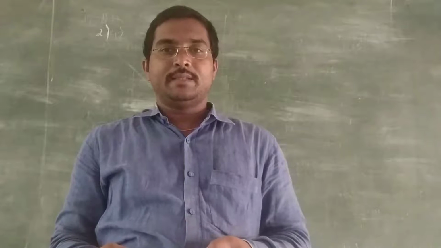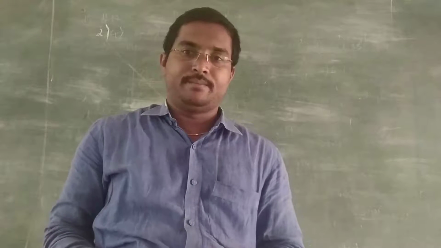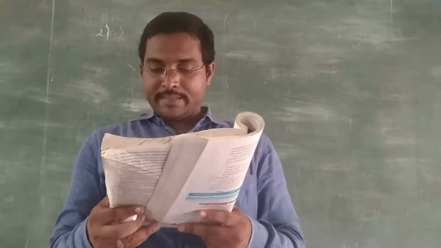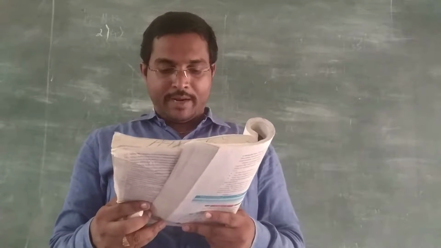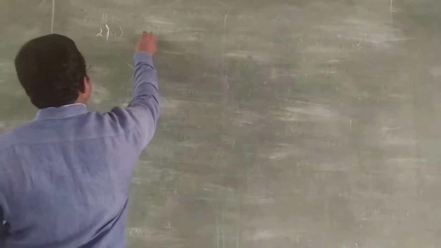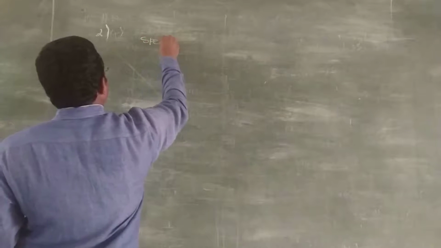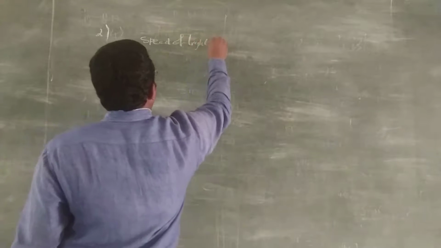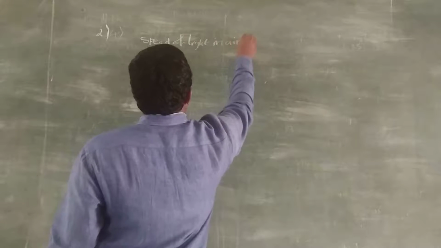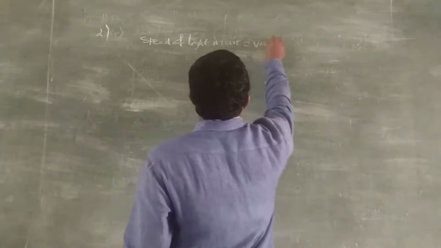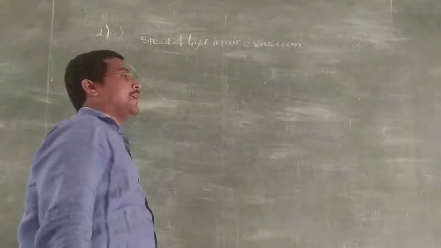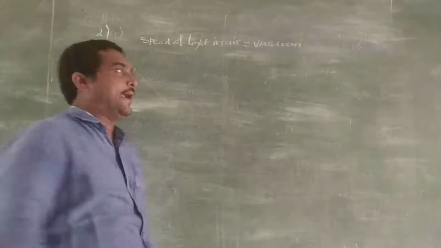Already I told you guys, diamond is a medium. Find the refractive index of diamond if the speed of light in air is equal to vacuum.